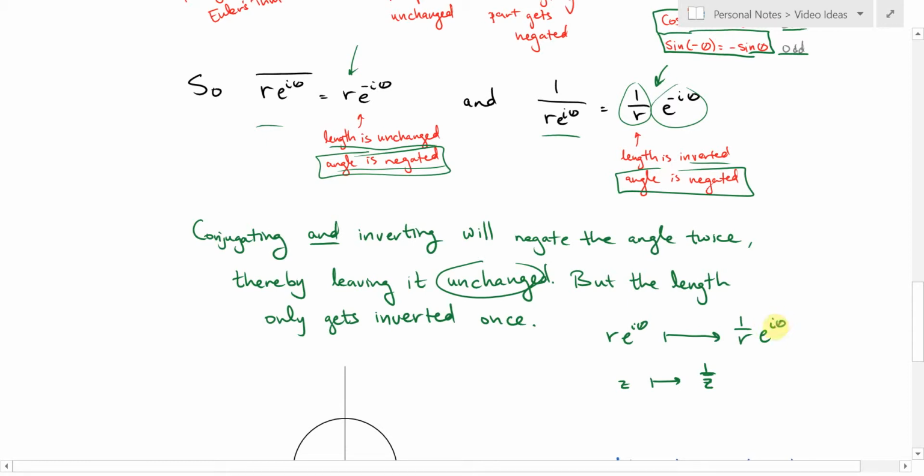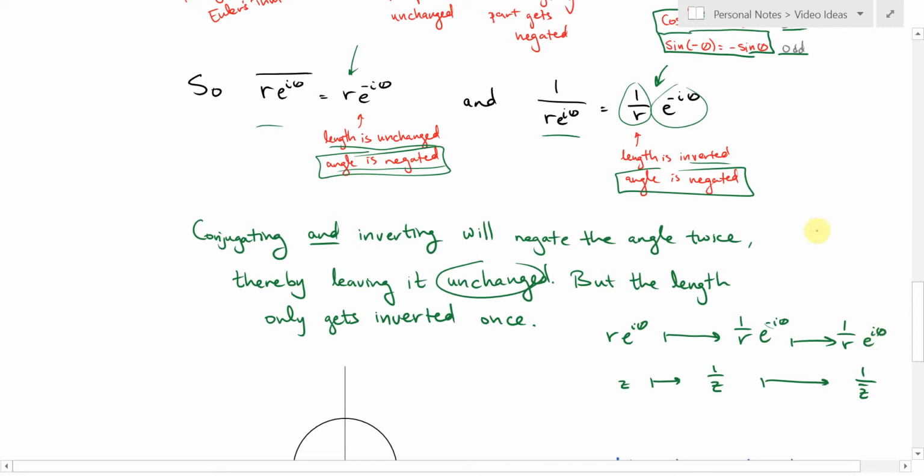It becomes negative i theta. Or if you like, I can write it like this. First we invert from z to 1 over z, and that puts us at negative i theta, and then we conjugate. So conjugating puts it at 1 over z bar, and here it negates the angle, so it preserves 1 over r, but it takes us back to 1 over e to the i theta.